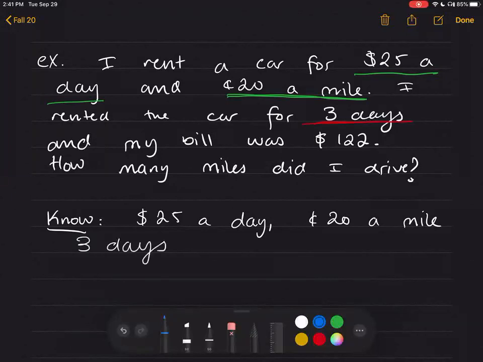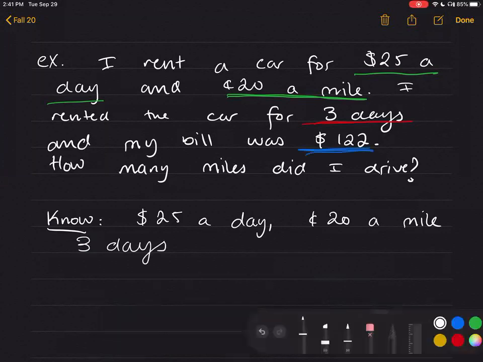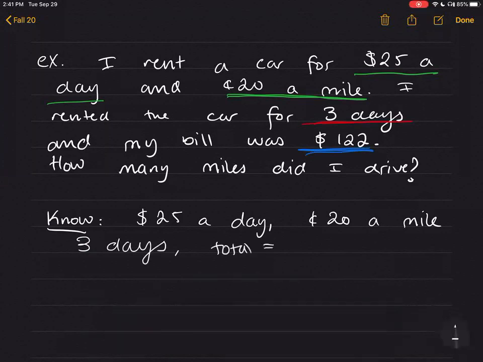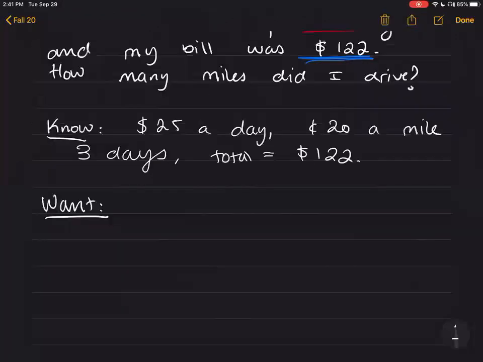And we also know that my total bill was 122. All right, what do we want to know? We want the number of miles. So let's let M be miles. So we're going to pick a variable to represent that, and then we'll use whatever equation we construct to solve for that variable.